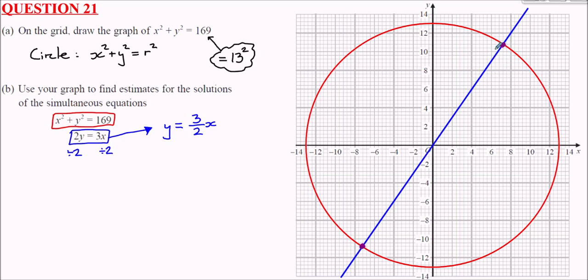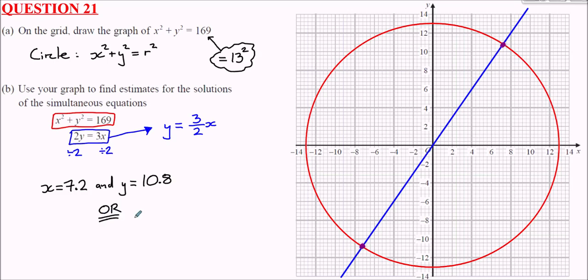So 6, 6.4, 6.8. This is where x is 7.2. The corresponding value for y is 2 little squares up. On this scale, each little square going up is again 0.4 of a unit. So this is where y is 10.8.